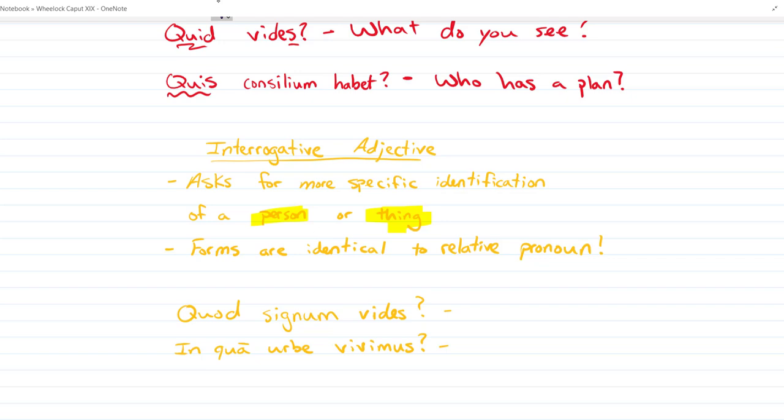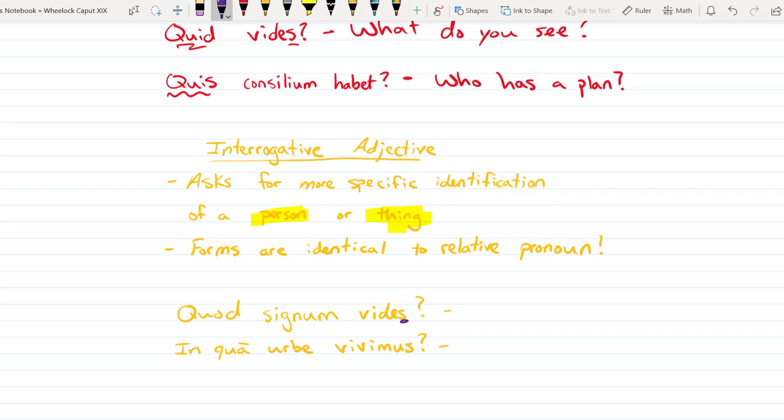If we look at our sentences here, you have vides again, so it's you see, and we have quod, which is neuter, and signum, which is neuter, and those are going together. So it's, what sign do you see? In the sentence above, we just had quid vides, like what thing do you see? There's no other noun there. There's no noun there to go with it. Whereas here we have signum that's going with quod. So what sign do you see?